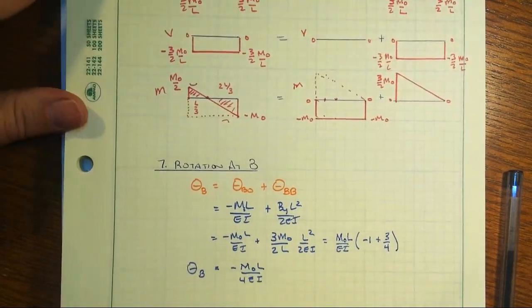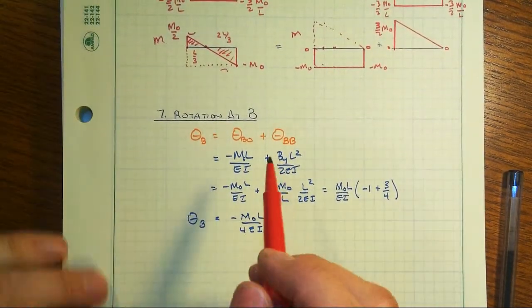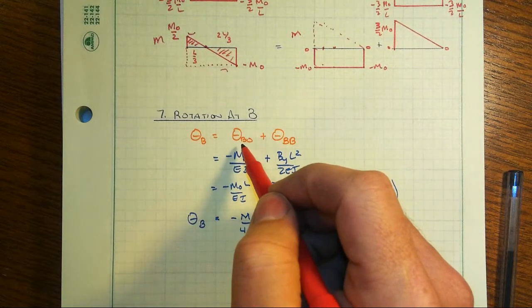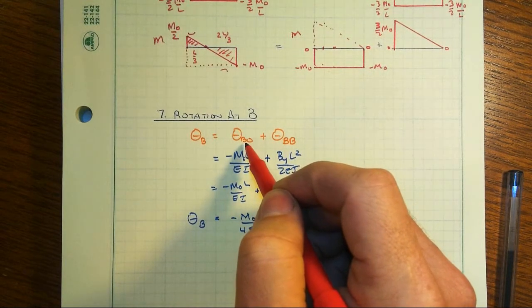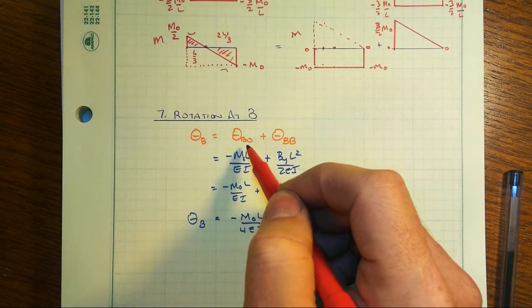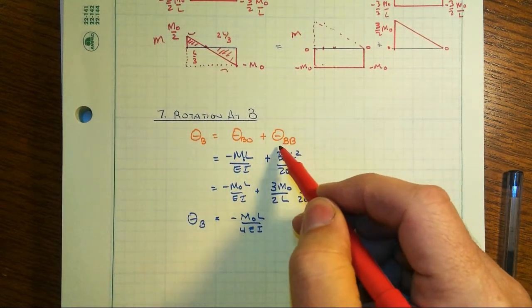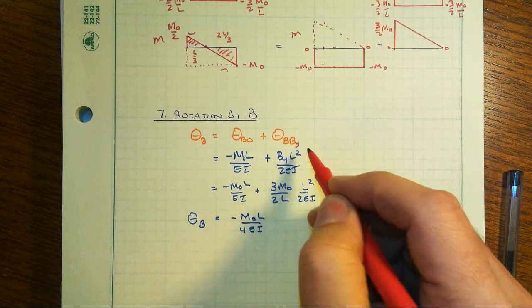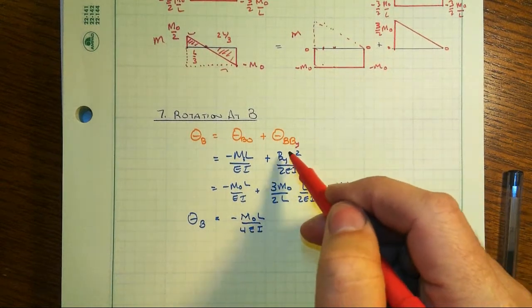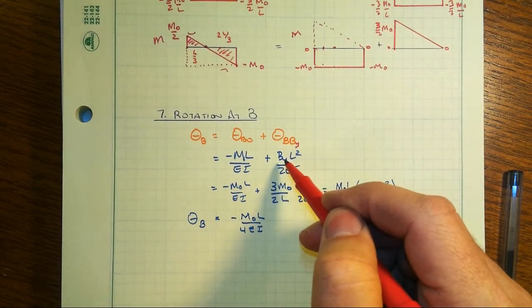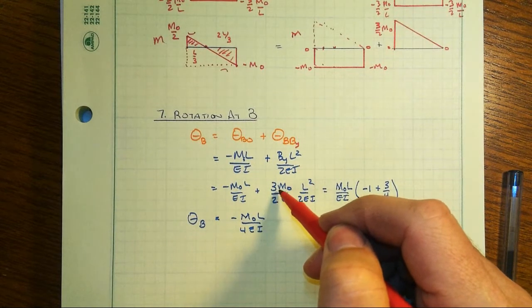We want the rotation at B, so we can use superposition again. We got the rotation at B from the cantilever with the M0 applied. That's this first expression. We've got the rotation when we put the redundant reaction back in. Now we know what By is because we've already determined it.